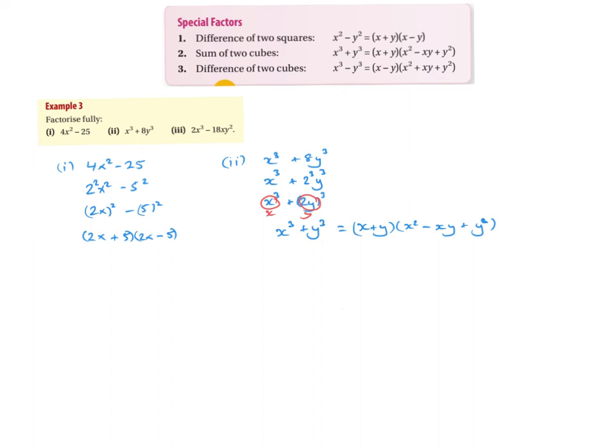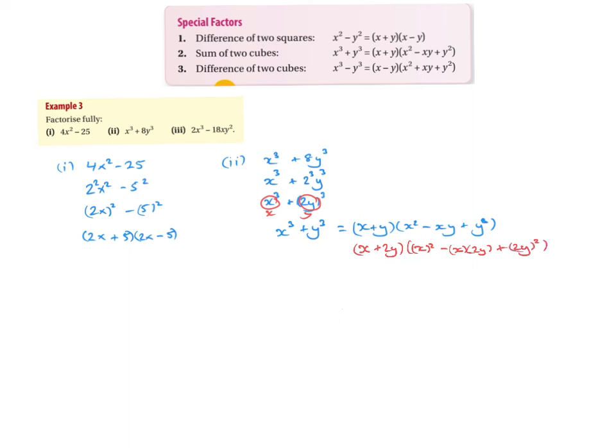So let's do that then. What we now have is x plus, and my y, which is the circle thing, is 2y. So there we go. We've got x squared, which is just x squared, minus x, which is just x, y, which is 2y. So put that in a bracket, plus 2y all squared.